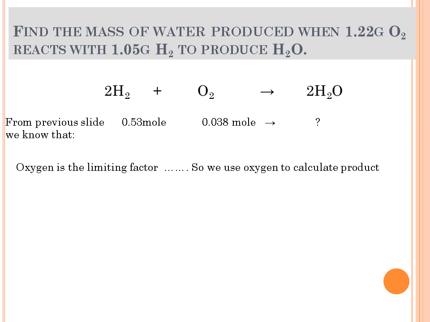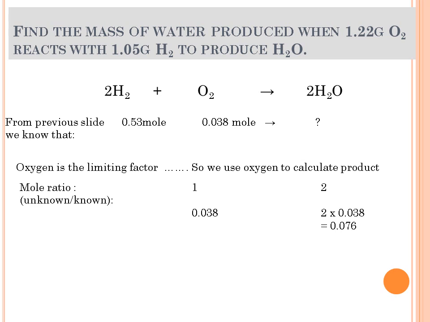Looking at the mole ratio from the oxygen to the water, from 1 mole of oxygen we're going to get 2 moles of water. So if we have 0.038 moles of oxygen, we'll have twice that amount of water in moles. If we work that out, we get 0.076.